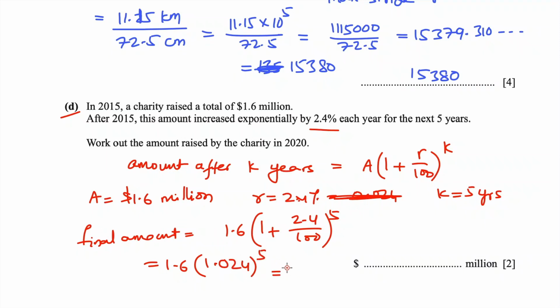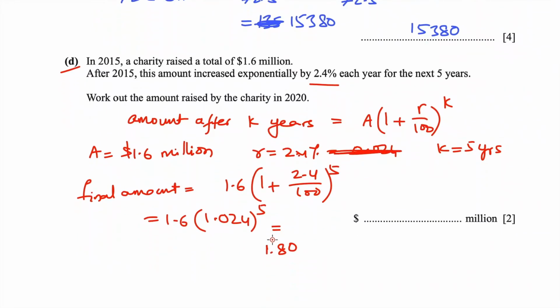If I calculate this value, this will turn out to be 1.8014398 million. So the answer, if I cut it to 4 significant figures, would be 1.801 million, because 4 is less than 5. You can leave it like that. And this completes the question.